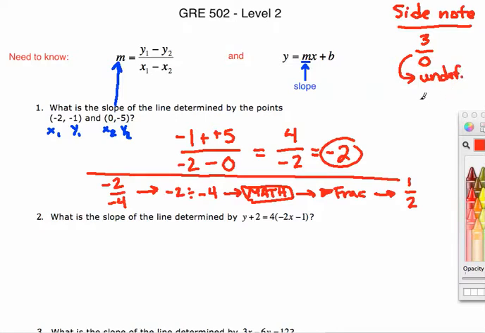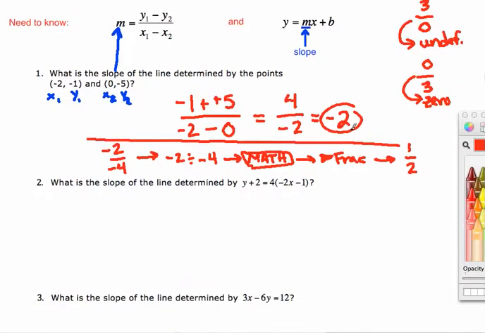If you have it the opposite way, where it's 0 over 3, that's fine. 0 divided by any number is 0, so this is a 0 slope. So you can get undefined as an answer for level 2, and you can get 0 as an answer for number 2. Just know these special cases.